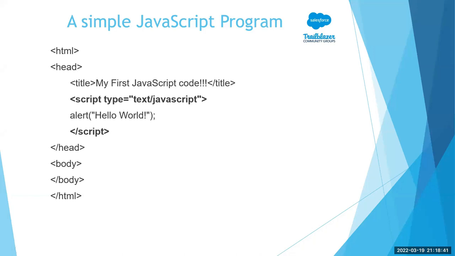But to add the script to your website, you have to embed it inside the HTML. Like how we embedded styles yesterday, if you remember, in the head tag. The body tag has the actual content to be displayed in the UI, but the head tag is about metadata.